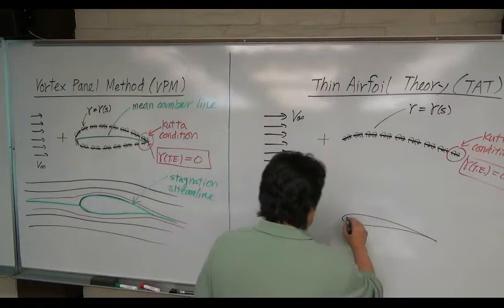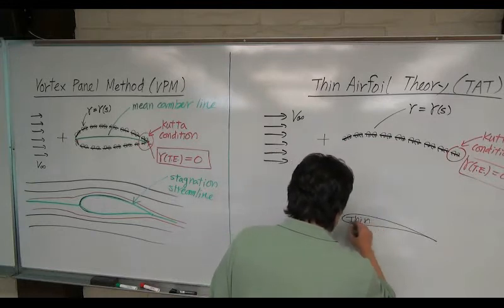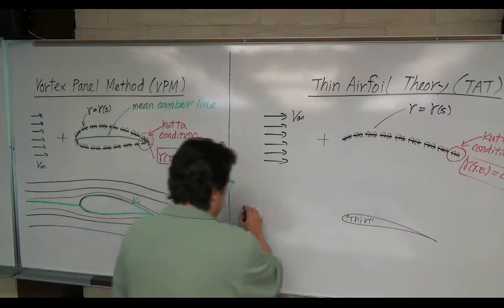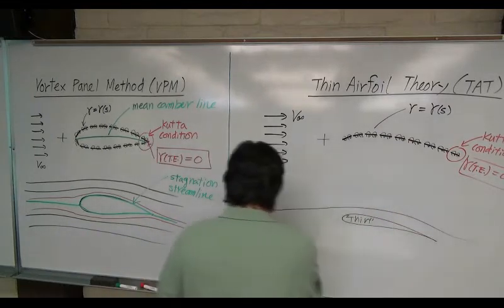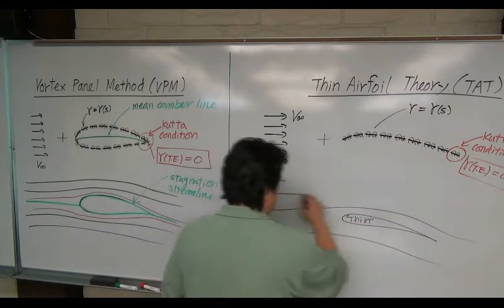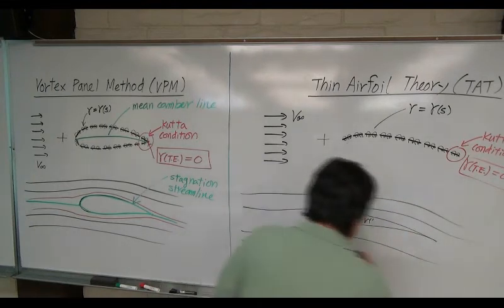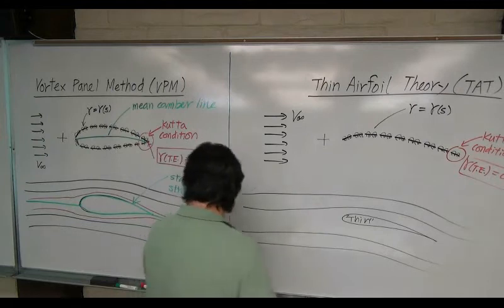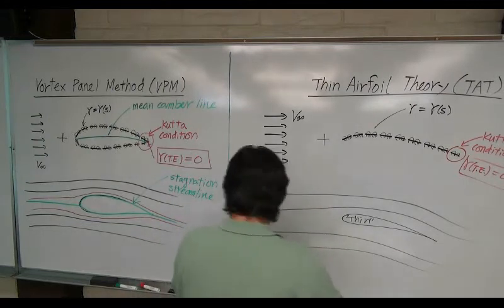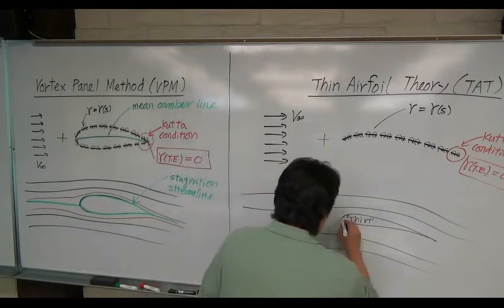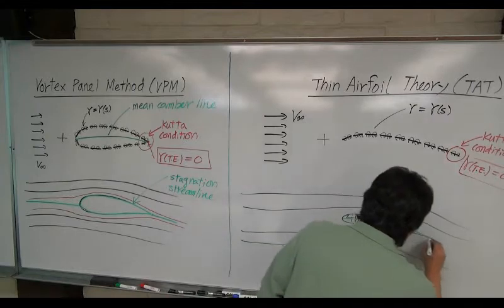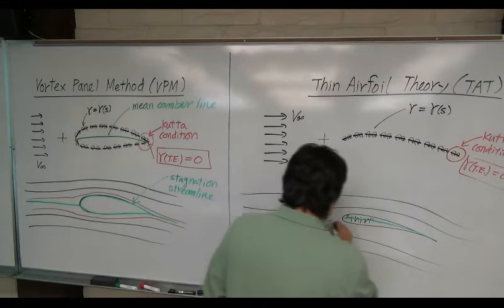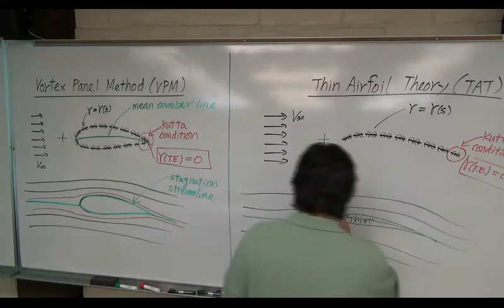A very thin airfoil simulated within the free stream. The same thing actually happens. That means this is the mean camber line of this thin airfoil. So this mean camber line needs to be a stagnation streamline.